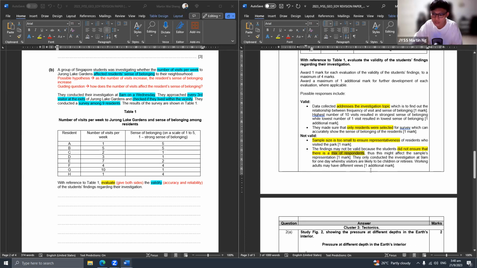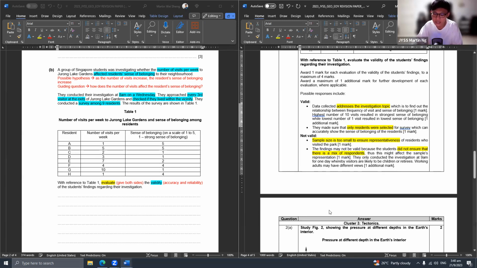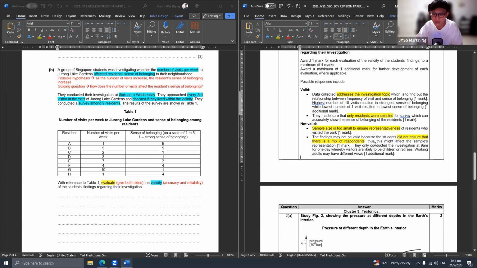To put it simply, this time round I'm only collecting data from a single group of people. It doesn't show the views from all the other age groups, and that is why the data collected may not be representative. Okay, so that is for the second question.